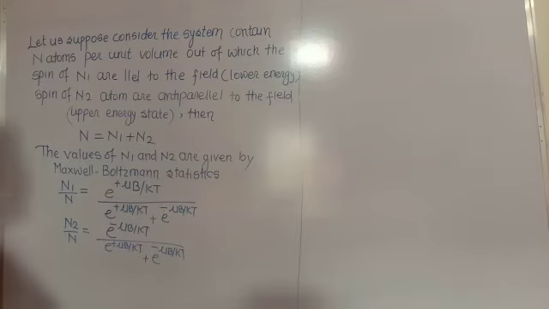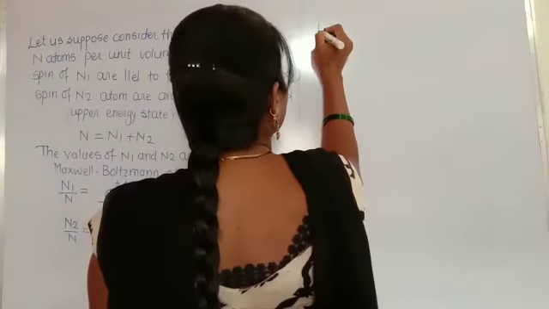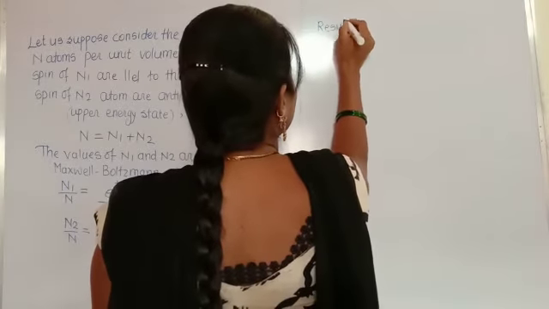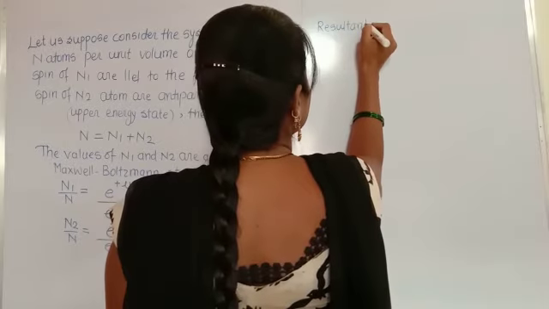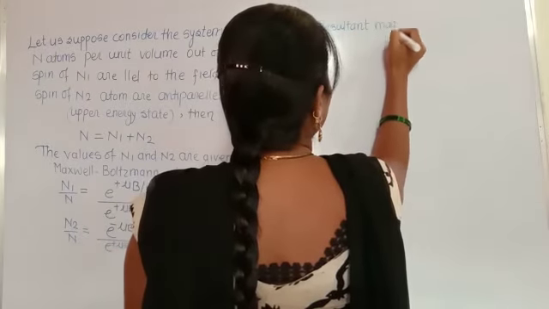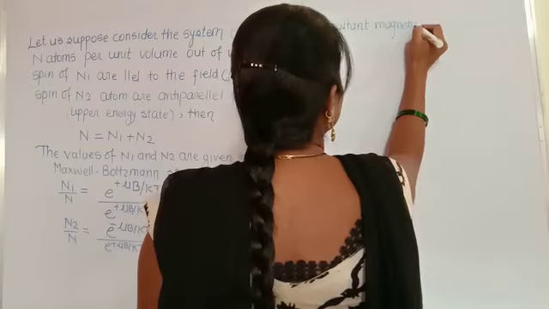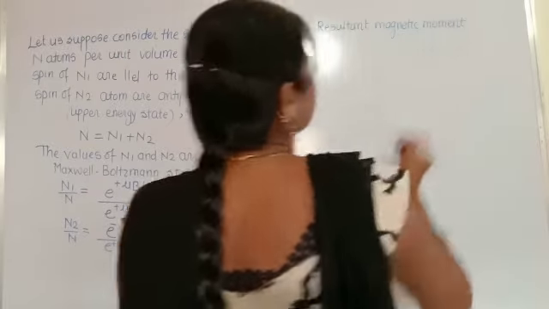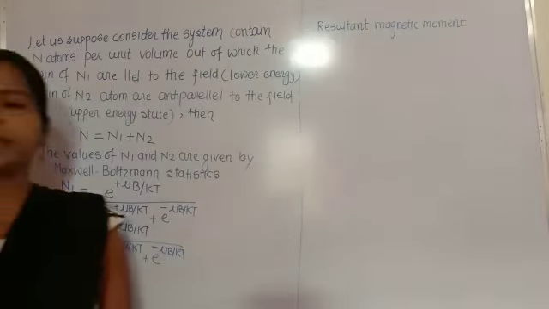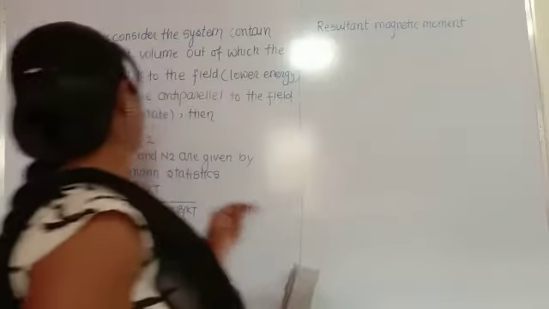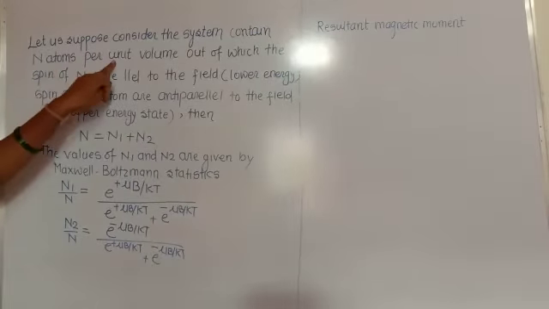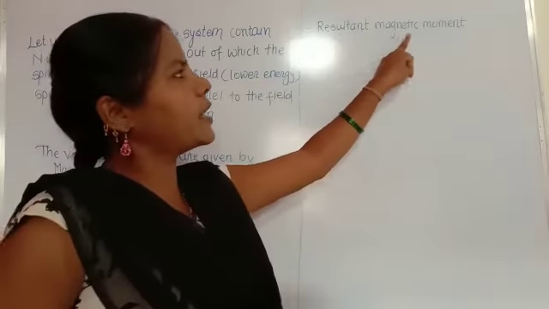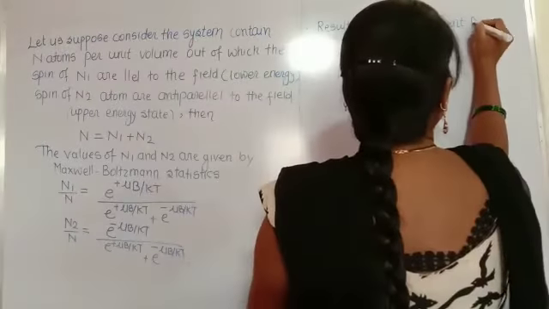So therefore the resultant magnetic moment. Here n is the number of atoms per unit volume, so that's why we are calculating the resultant magnetic moment per unit volume.